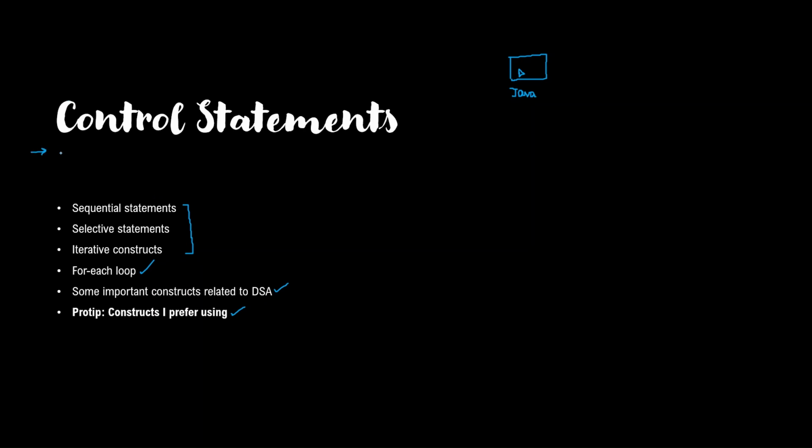Control statements are basically blocks of code, or some lines of code, that alter the program flow based on some requirements or some condition.